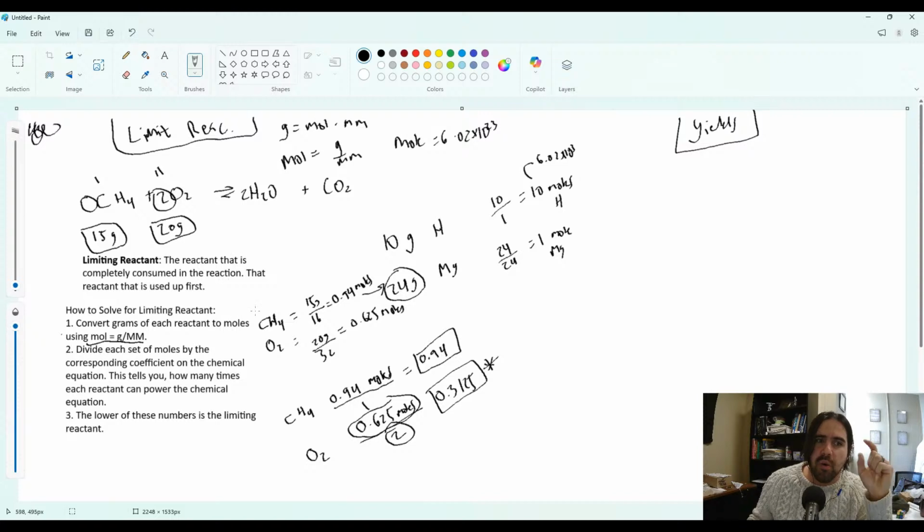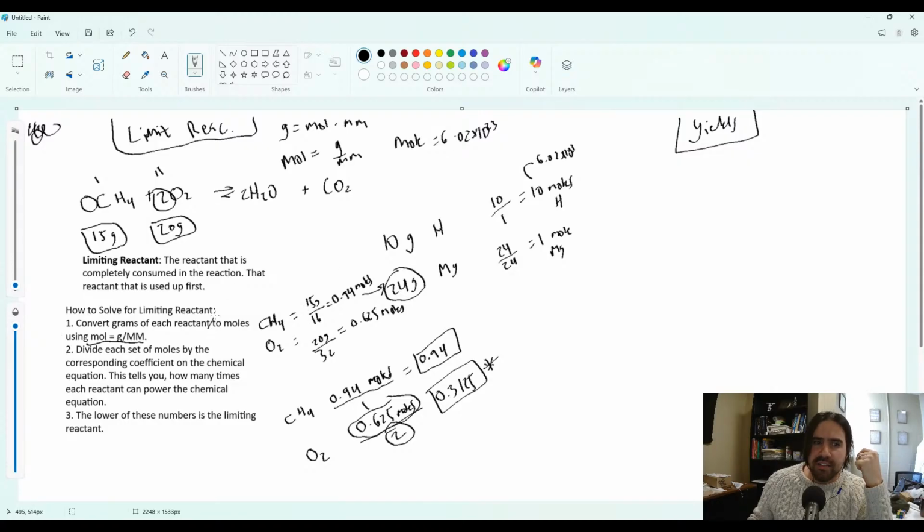So for CH4, I divide it by the coefficient of CH4. If I have O2, I divide it by the coefficient of O2. What that's going to do is tell you how many times that set amount of moles can power the chemical equation. And since the lower of those numbers means it can power fewer of the chemical equation, the lower number is the limiting reactant. Okay.